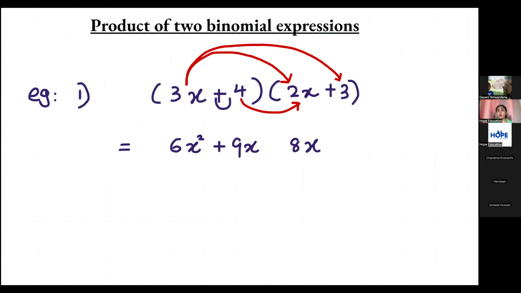Here there's nothing means here also there is plus. Plus times plus, answer gets plus. Then this multiplied by this. 4 times 3 is 12. This has plus. This also has plus. Plus times plus, answer also gets plus.